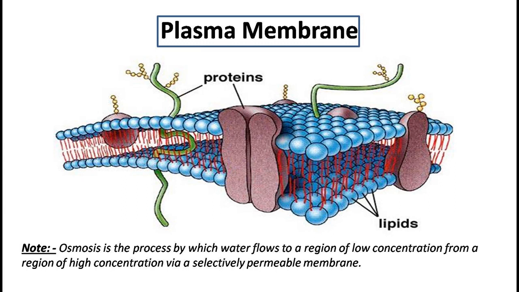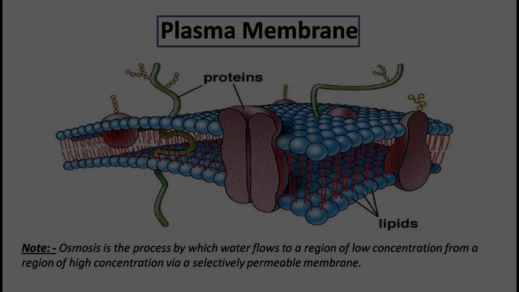One that you can see goes through and through the membrane, and the other one is embedded on one side of the membrane. The one that goes through and through is called integral proteins, and the other one which stays either on that side of the membrane or this side of the membrane is called peripheral proteins.